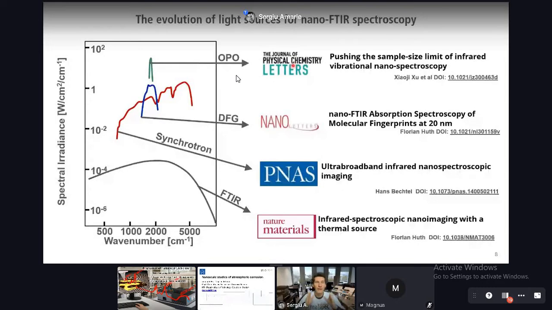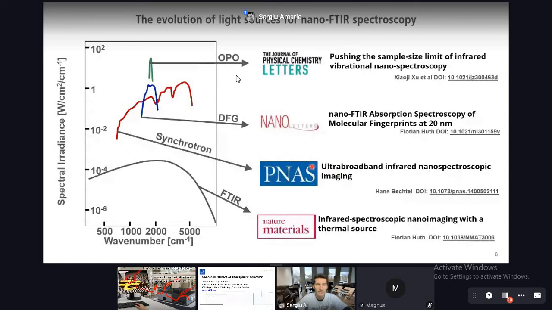At this point, I would like to really congratulate all researchers who are using nano-FTIR technology independent of the light source. The publication list is just too large to present here. The reason I chose those 4 publications is because of this self-explaining graph inspired by the PNAS publication of Hans Bechtel.